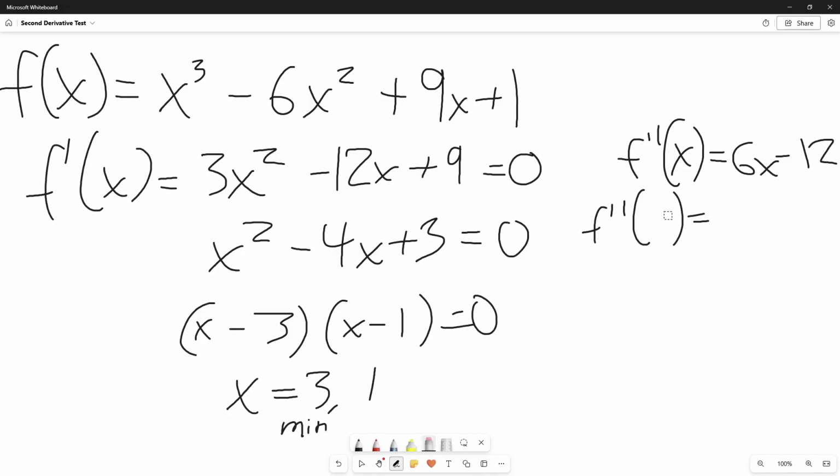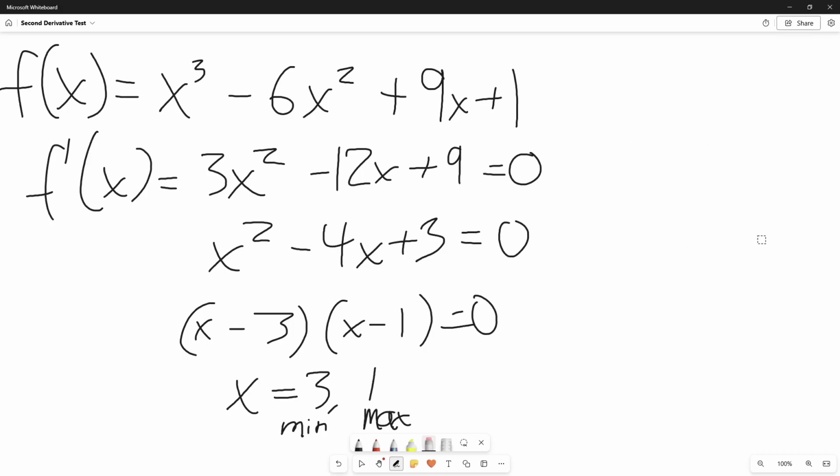And then let's try f double prime of 1. We get 6 times 1 minus 12, and this is going to be negative, which means that at 1 it is a maximum. So using the second derivative, we figured out that at x equals 3 there is a relative minimum, and at x equals 1 there is a relative maximum.